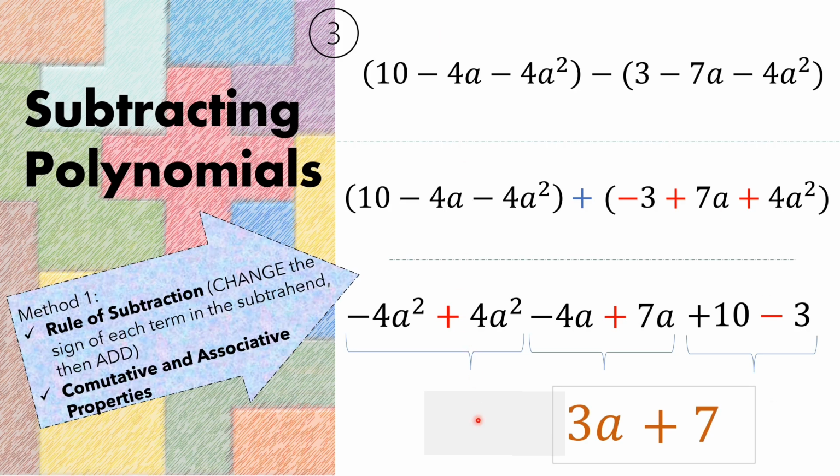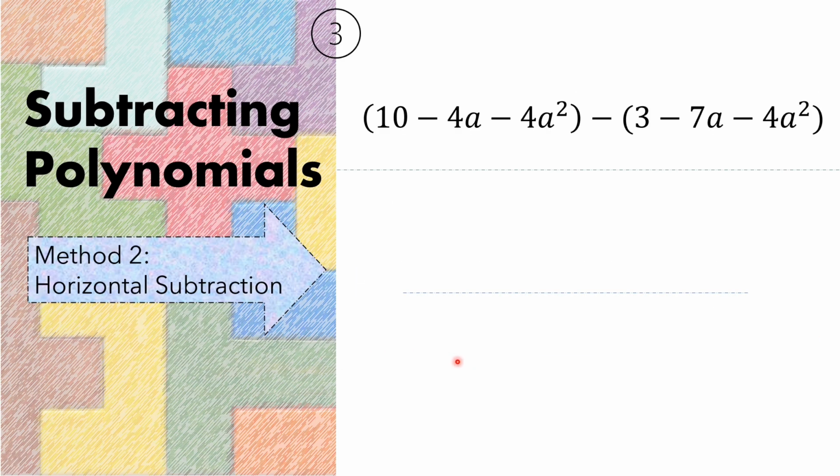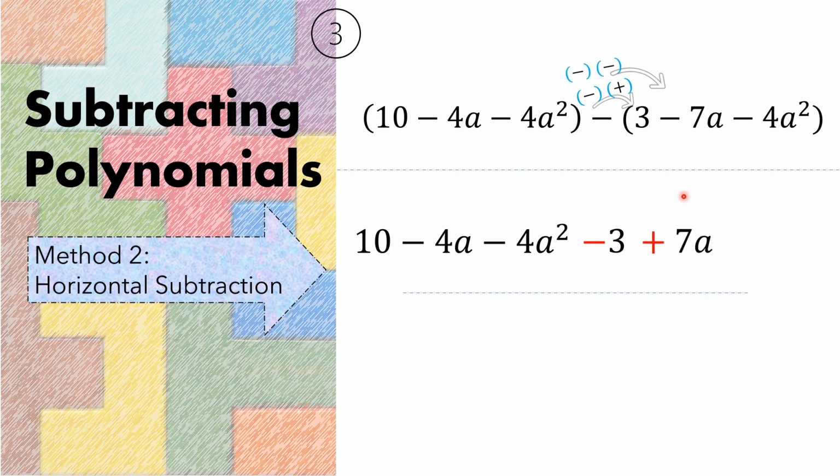Let's go to method 2. Horizontal subtraction. Simplifying the sign of the terms of the subtrahend by applying distributive property. Now copying the minuend, and then negative times positive 3 is negative 3, negative times negative 7a is positive 7a, negative times negative 4a squared is positive 4a squared.